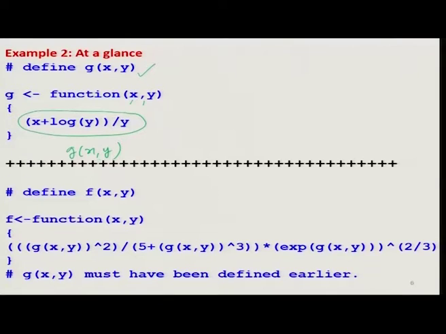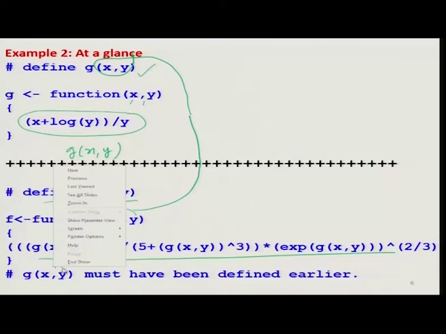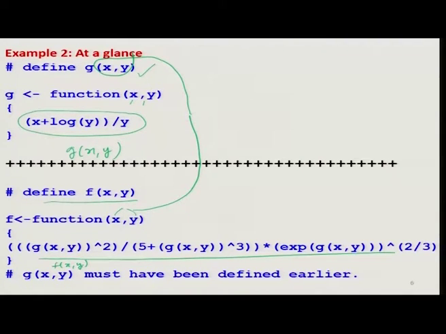Now I am defining another function f(x,y), and the input variables are again x and y, and this x and y and this x and y are going to be the same. And now I write down this function, and then I am going to get an outcome in the form of f of x,y.